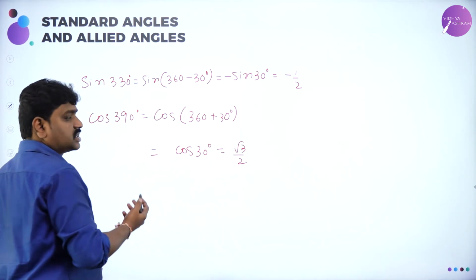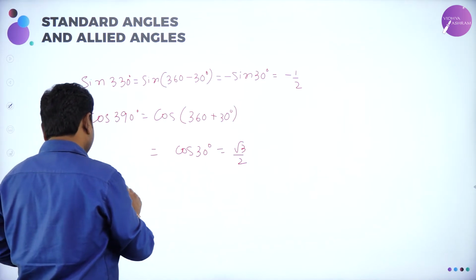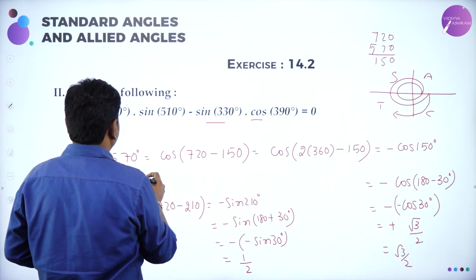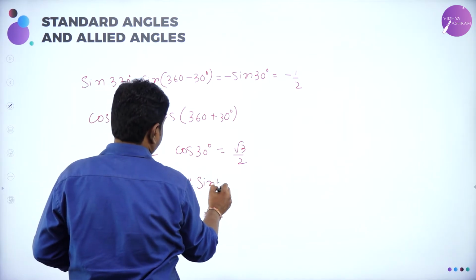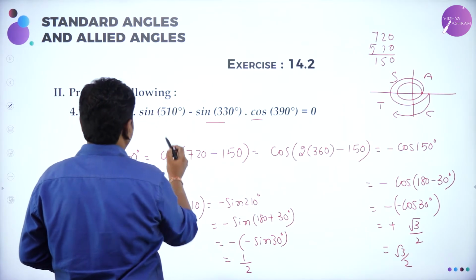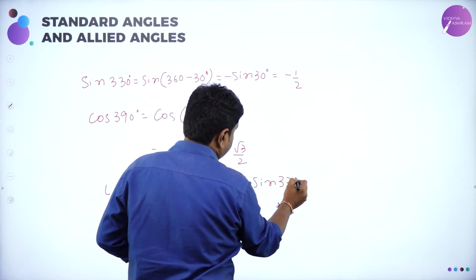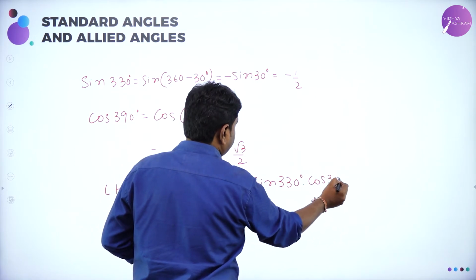Now take the LHS and substitute the values you got. Now LHS: we have cos 570 into sin 510 degrees, then further minus sin 330 into cos 390.